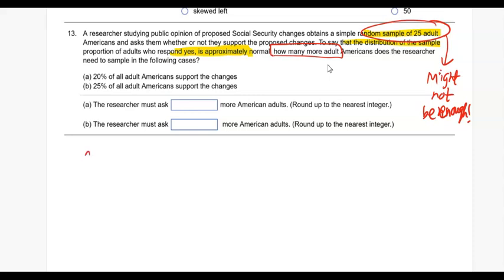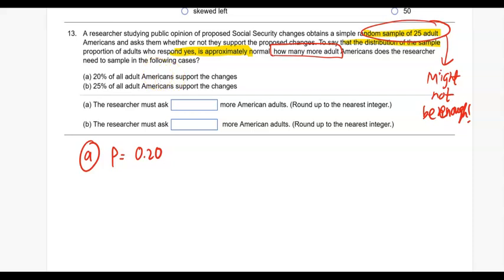There are two questions. Part A: 20% of all adult Americans support the changes. I'll do part A, and part B is similar. Here in part A, p equals 0.20, because 20% represents the population proportion, the percentage of all adult Americans.